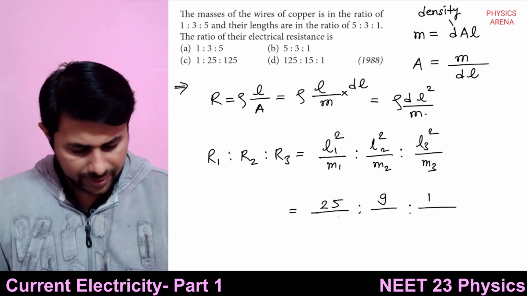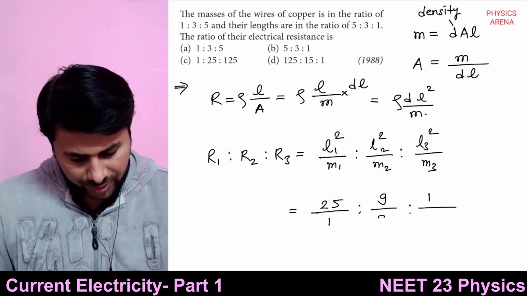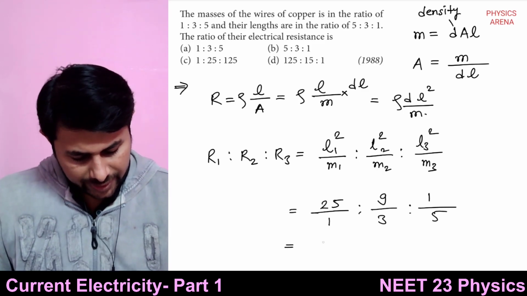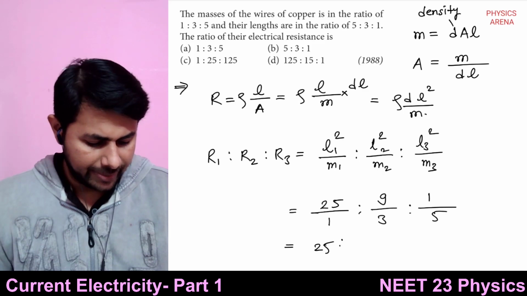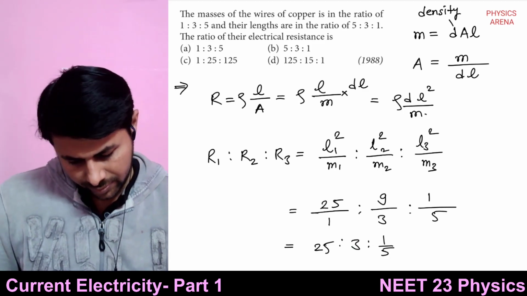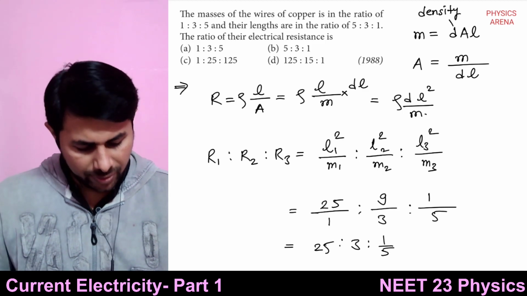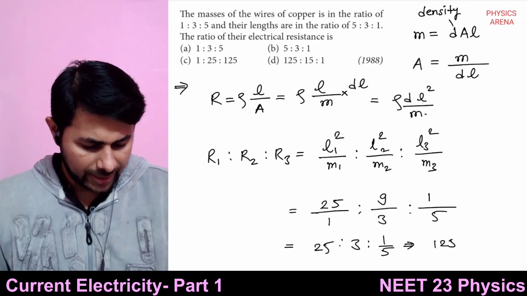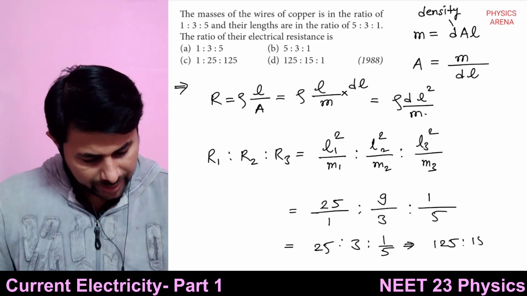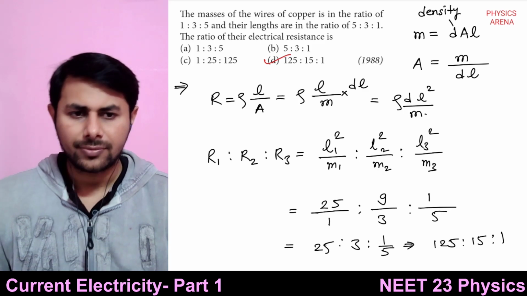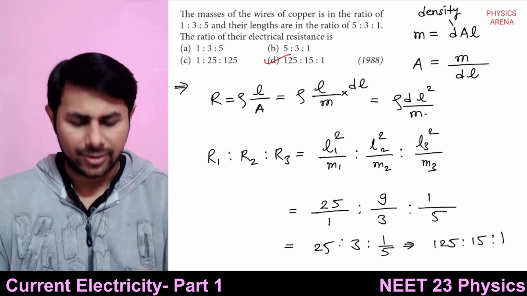So the answer is 25 is to 9 by 3, which is 3, is to 1 by 5. Or we can multiply the whole thing by 5, which will give us 125 is to 15 is to 1. Yeah, it's option D.